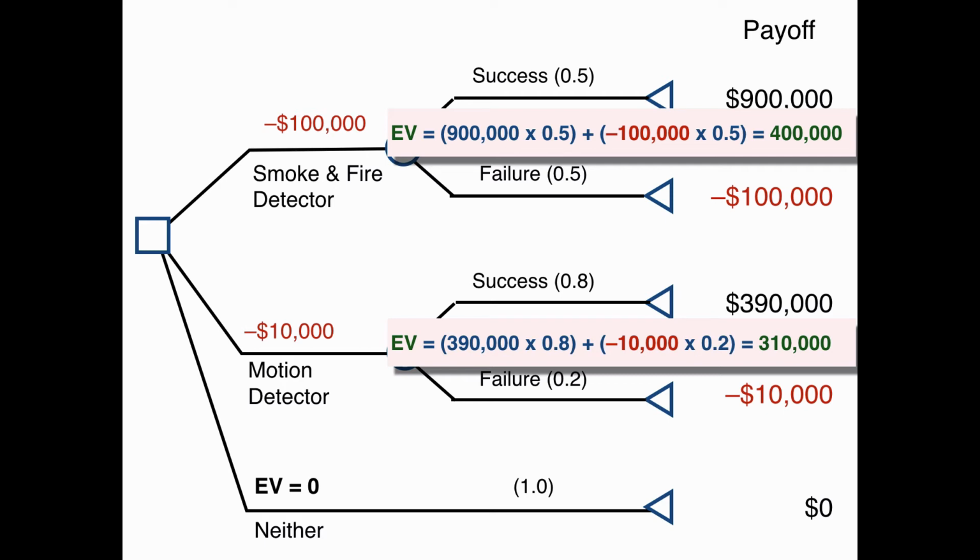So of those three branches, which one has the highest expected value for any of the chance nodes or the decision branches? And the highest value is the 400,000. So despite the risk of failure, the overall payoff, when you take the probabilities and the payoffs into account, your best option in this case, using this method, is to go with developing the smoke and fire detector.